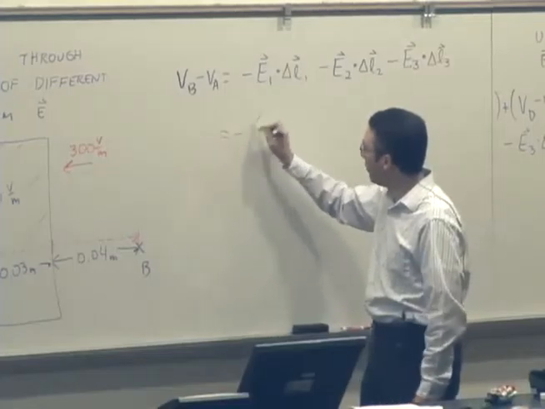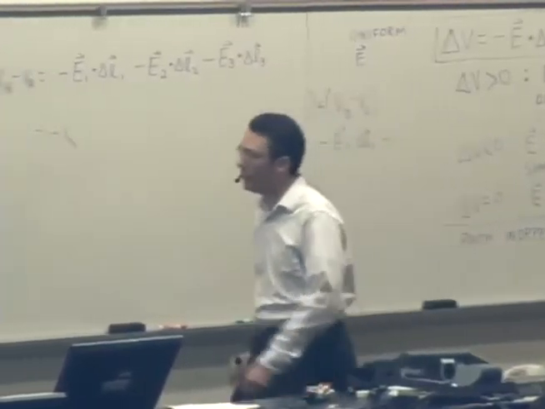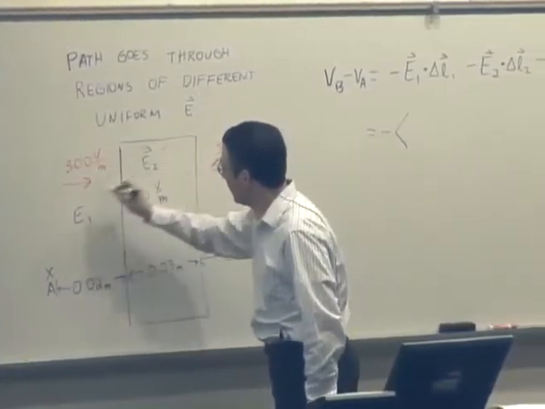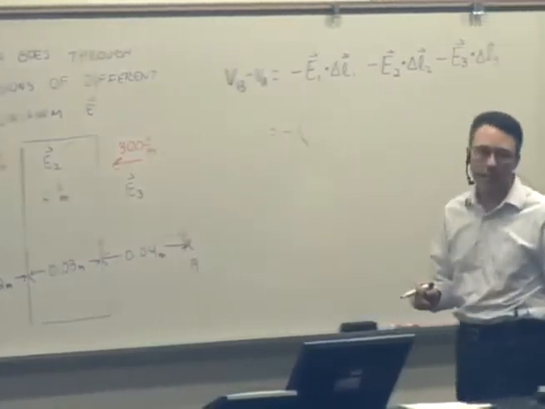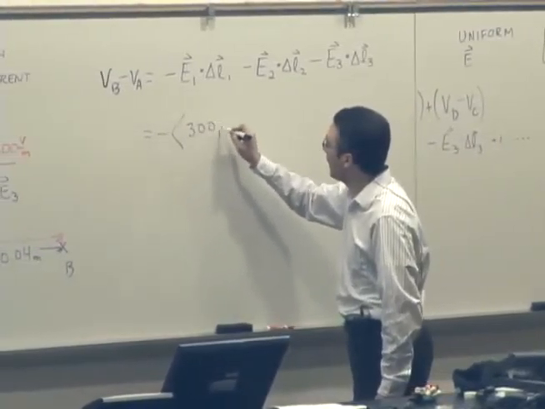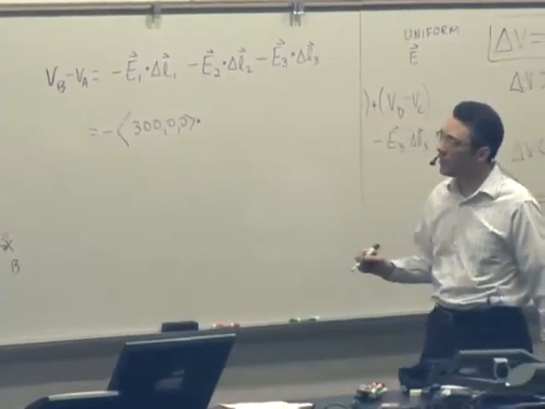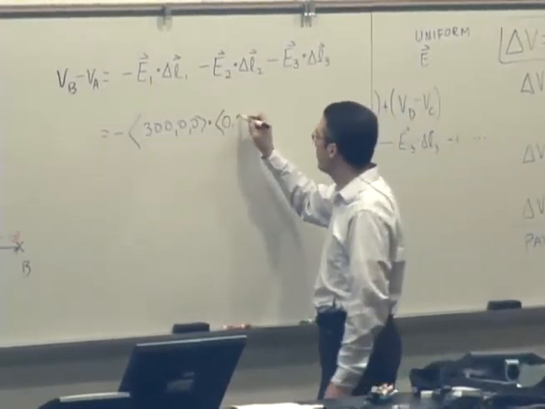So how would I write E1 as a vector? This is E1, right? And this is E2. And over here is E3. So how would I write E1 as a vector? 300, 0, 0. How do I write delta L1 as a vector? 0.02, 0, 0. Okay.